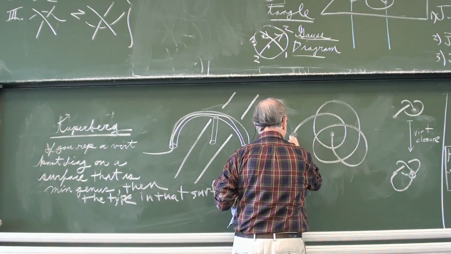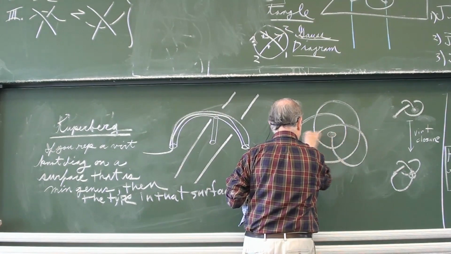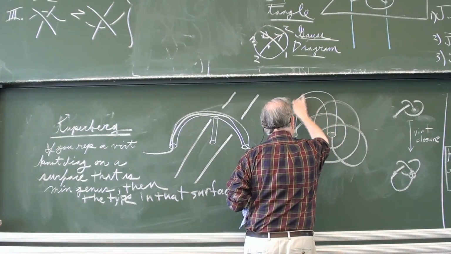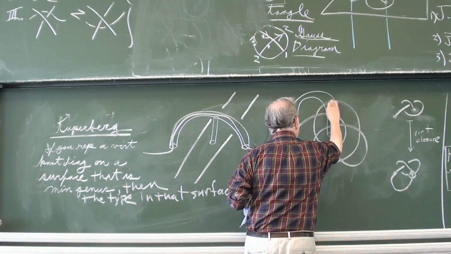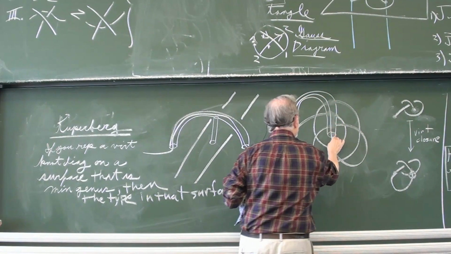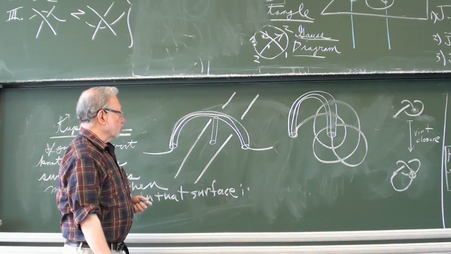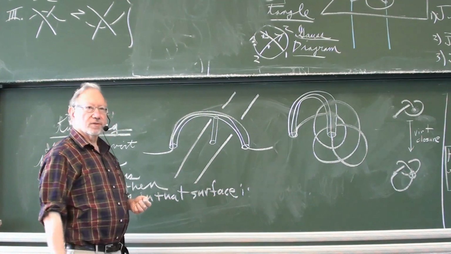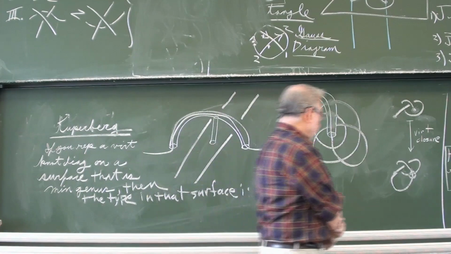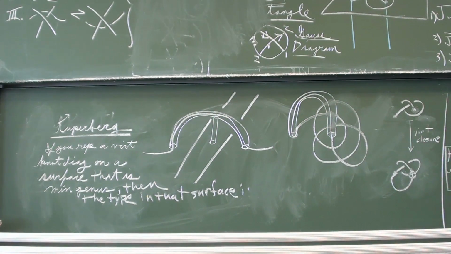I'm going to virtually close it by having this enter the handle here and come round, right? So you see that the kind of virtual closure that I get is always on a torus, right? Clear. So we end up with a subclass of virtual knots when we take their virtual closure. They're ones that are living on a torus, and mostly they're going to be, unless they're trivial, they really live on the torus.